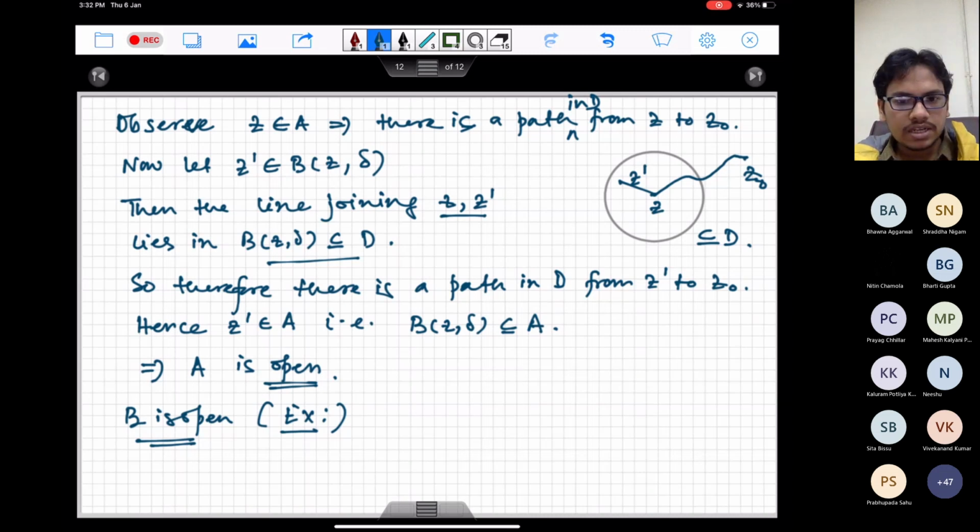If your center is not connected to Z naught by a path, no other point of that ball can be connected to Z naught, because otherwise, by taking the line joining, you would get a path from Z to Z naught.